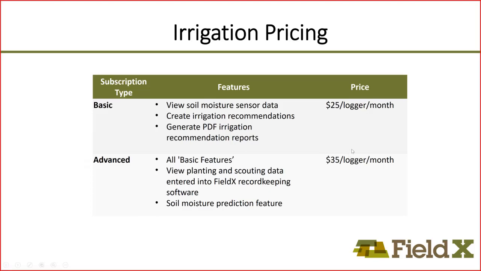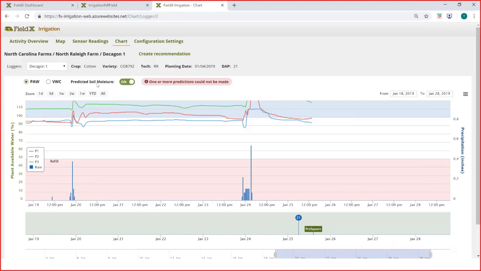Now, I didn't include this in here, but there is a free tier as well for irrigation, where customers could just be set up as grower sub accounts in your FieldX account, and then you're able to get a view only insight into FieldX irrigation.